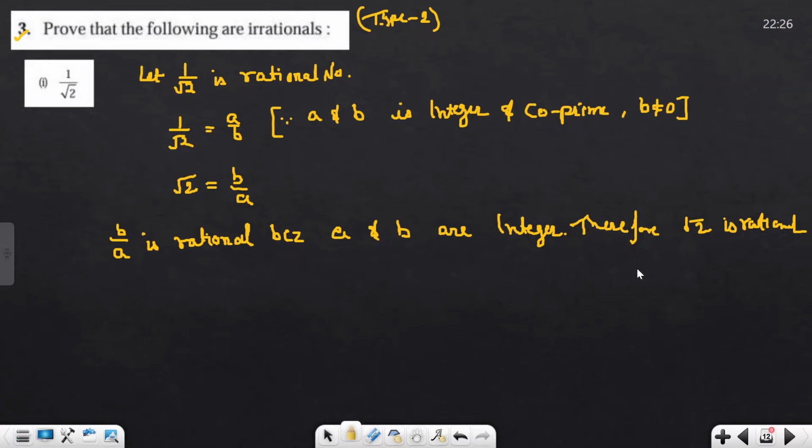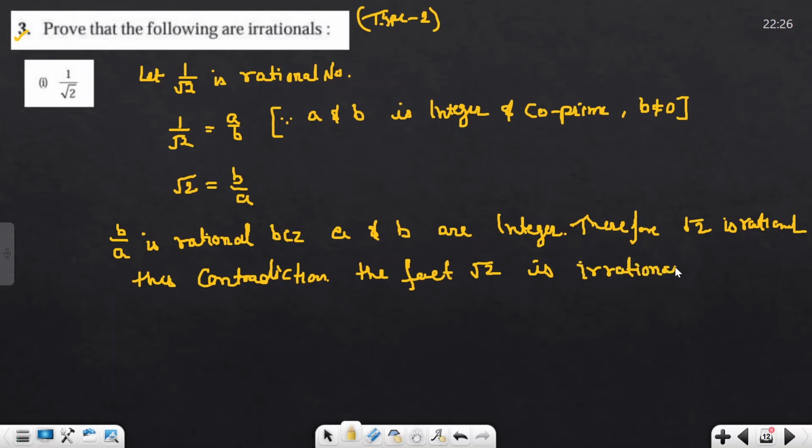This contradiction, the fact root 2 is irrational, hence 1 by root 2 is an irrational number.